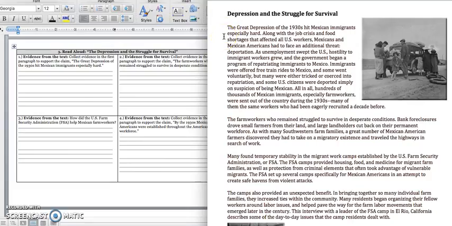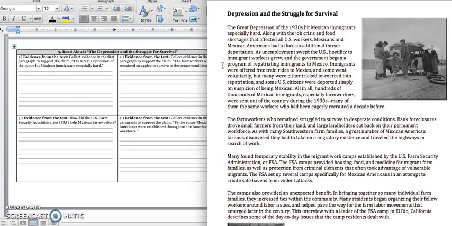Let's keep reading. Along with the job crisis and food shortages that affected all U.S. workers, Mexicans and Mexican Americans had to face an additional threat, deportation. As unemployment swept the U.S., hostility to immigrant workers grew, and the government began a program of repatriating immigrants to Mexico.